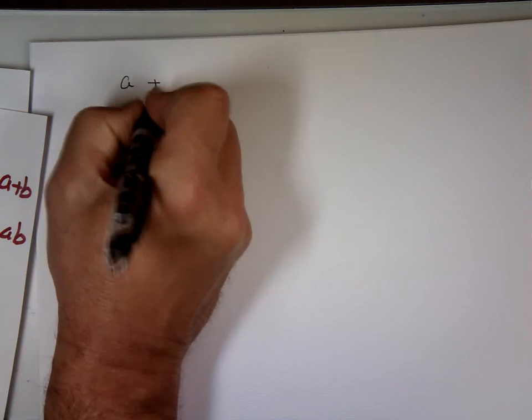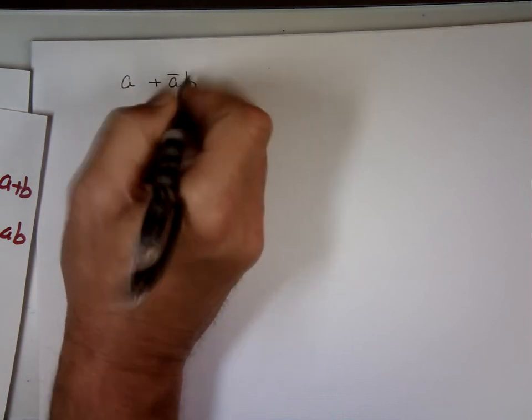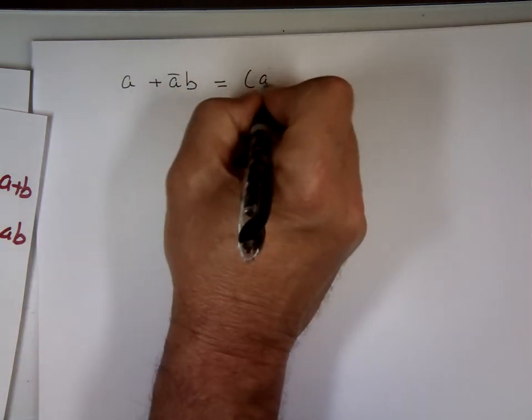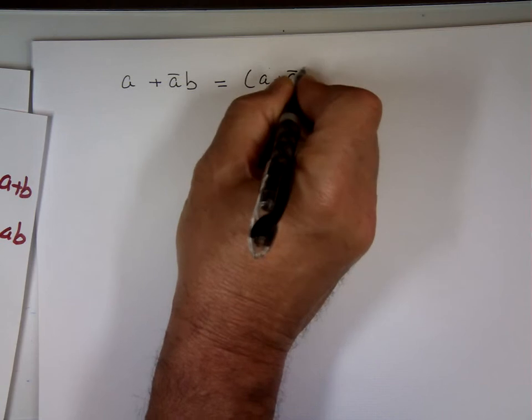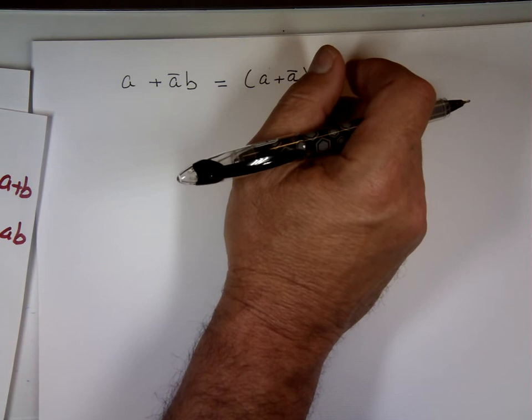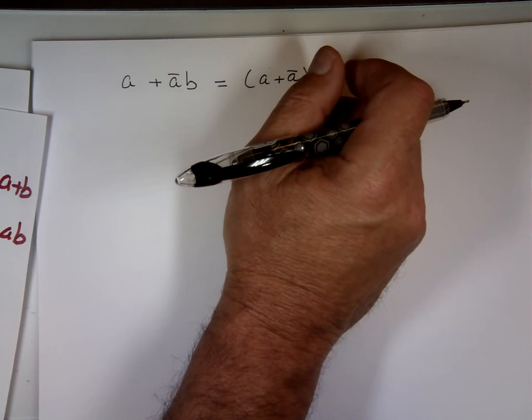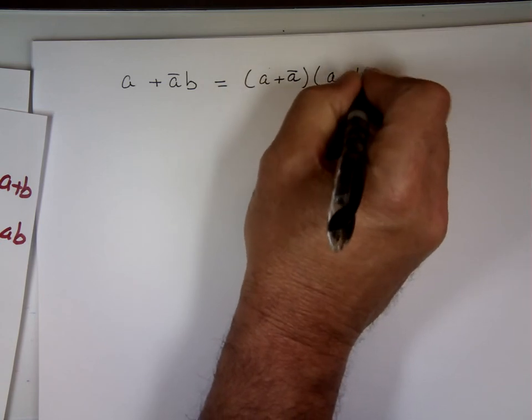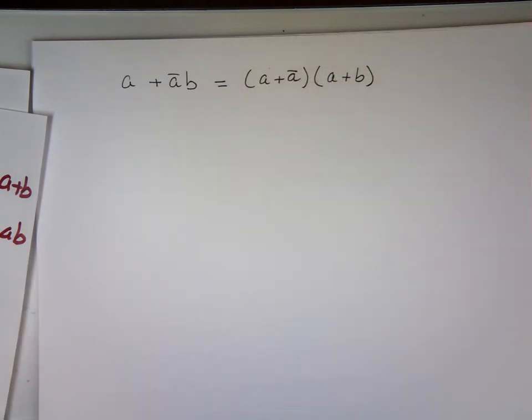I'm trying to prove that A plus A bar B is equal to A plus B. To me, that's equal to A plus A bar times A plus B. That's really what that is, because if you do the distributive law, what's A times A?